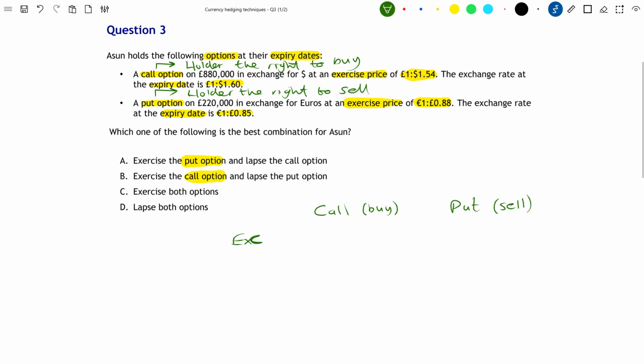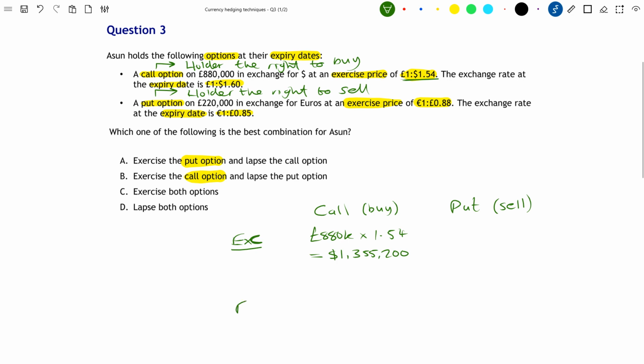So it's going to be £880,000 times, because we're translating it from pounds to dollars, and that's just the way that the exchange rates are in this case, times 1.54 gives this a value of $1,355,200. So that's at the exercise price.